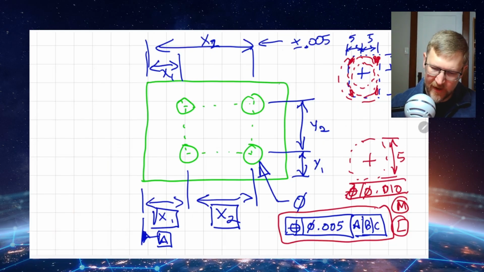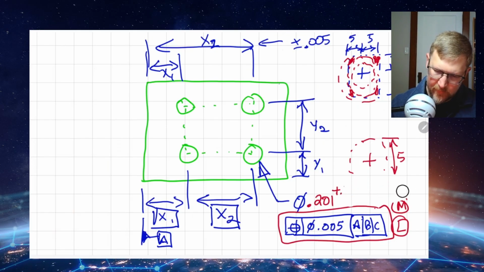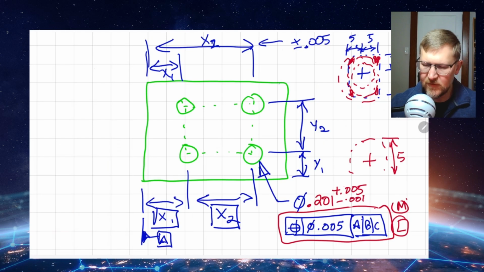So if I go back to the diameter down here and I were to specify this, for example, as a 201 hole plus, let me make some room. And this is a plus 5 thousandths minus 1 thousandth, right? So that means that hole could be up to 206 in diameter.